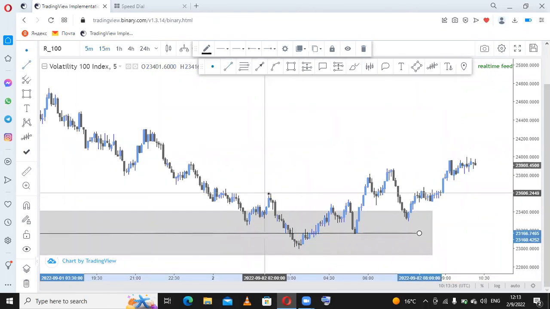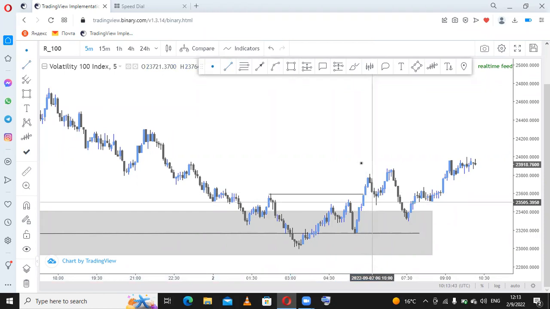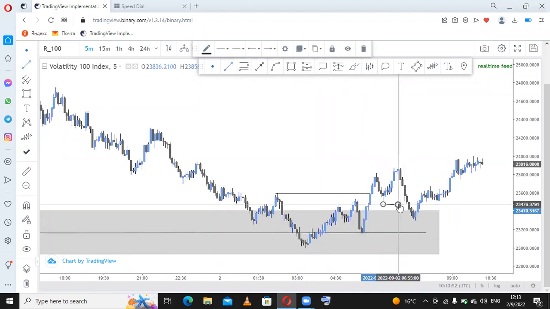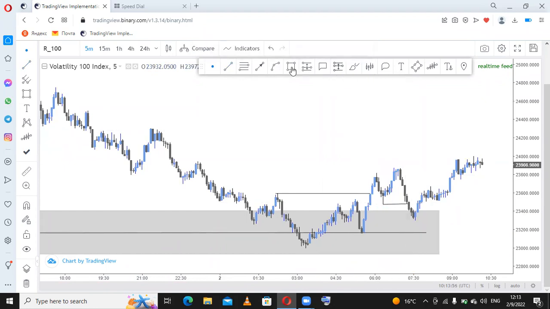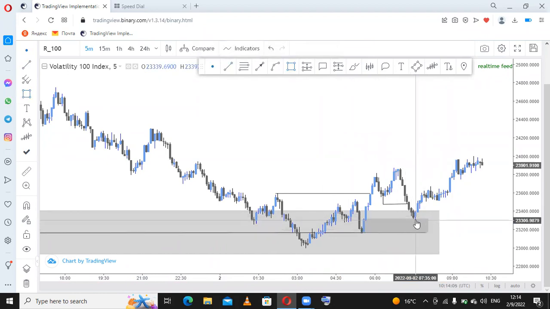So we broke change of character here, and then we broke structure again here, which means this is our previous higher low, which has to be taken out before price rallies up, and that happens. In this case, this is our order block, this candle, and price tapped into the order block and rallied up, breaking structure here.